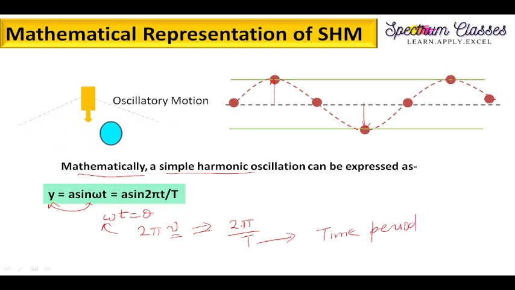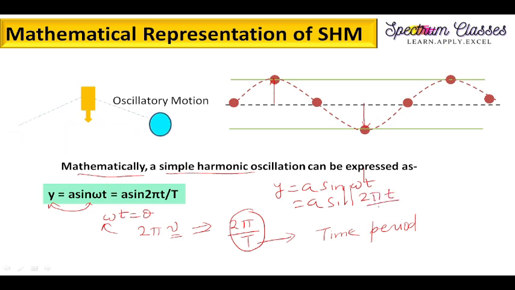So if we replace omega by 2 pi upon T, then we get y equals a sine omega t, and on replacing we get a sine 2 pi small t upon capital T. So what is the difference between small t and capital T? This capital T is the time period to complete one complete cycle.